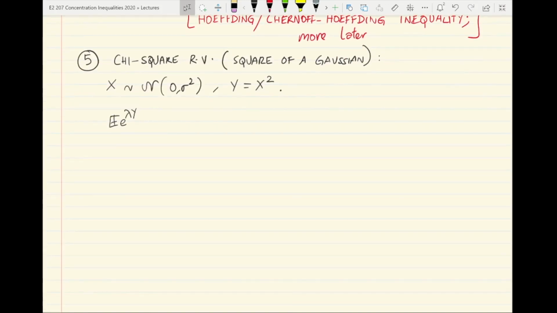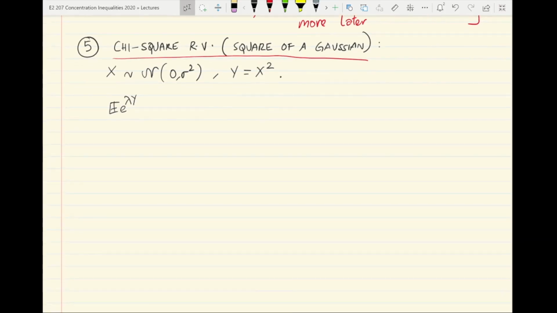The last example is going to be the derivation of the Chernoff bound for what is called a chi-square random variable. In simple terms, this is just the square of a Gaussian random variable. So think of squaring a Gaussian random variable, and that becomes one special type of chi-square random variable.